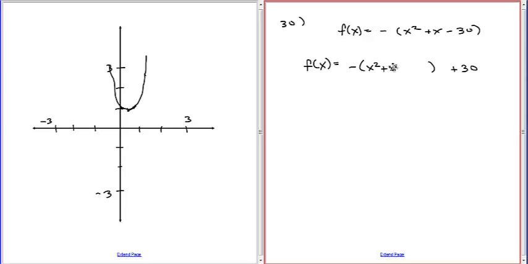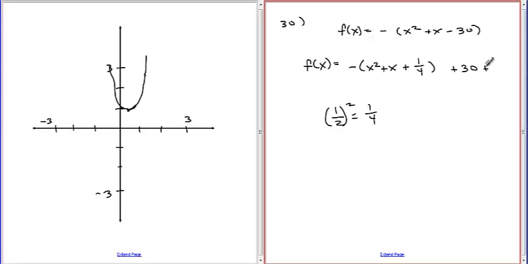Okay, then to complete the square, you take the coefficient in front of x, which is 1, you divide by 2, you square it, and you get the answer 1/4. So we're going to add 1/4 here. But we have to reflect the fact there's a negative sign out front. So we're really subtracting 1/4.